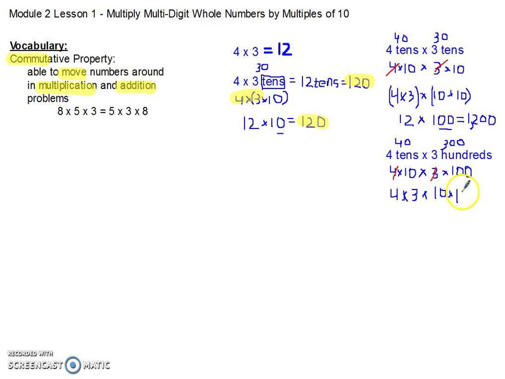And then, like I said before, I like to group like numbers together with parentheses. So I'm grouping 10 and 100 together, and I'm grouping 3 times 4 together. So I would do 4 times 3, which is 12. And I'm multiplying that by my product of 10 times 100, which is 1,000, because I have those 3 zeros.